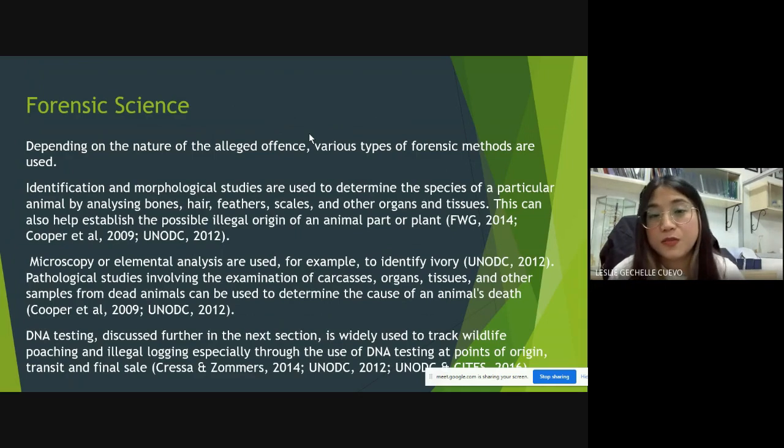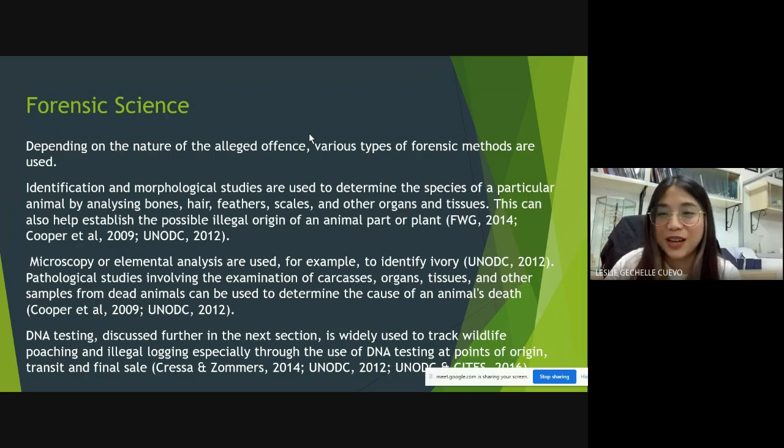Forensic science. So, depending on the nature of the alleged offense, various types of forensic methods are used. Identification and morphological studies are used to determine the species of a particular animal by analyzing bones, hairs, feathers, scales, and other organs and tissues. So, yung body parts ng animal.